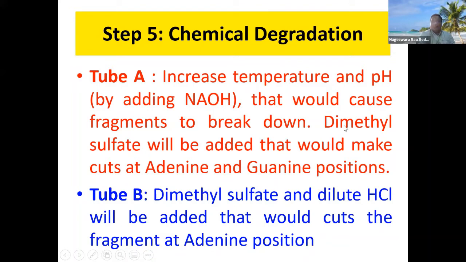Then dimethyl sulfate is added, which makes cuts at adenine and guanosine positions. So this is what we are trying to do in tube A.